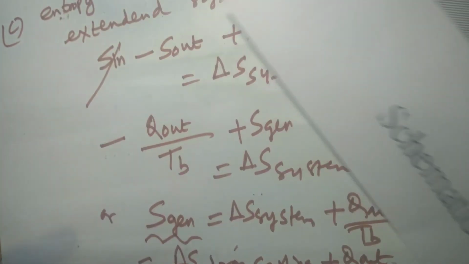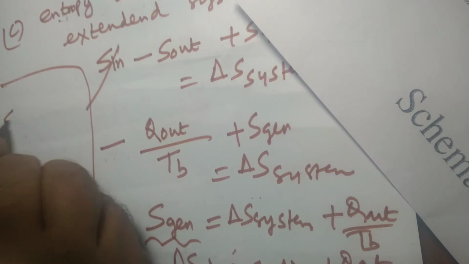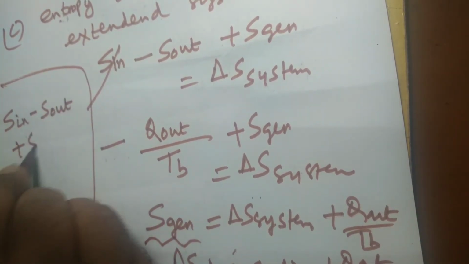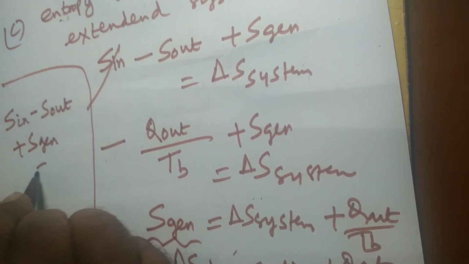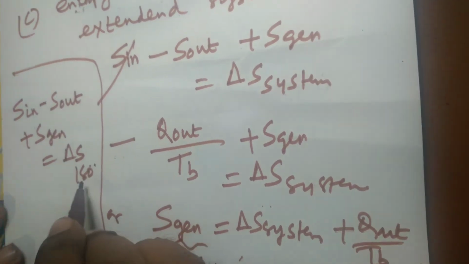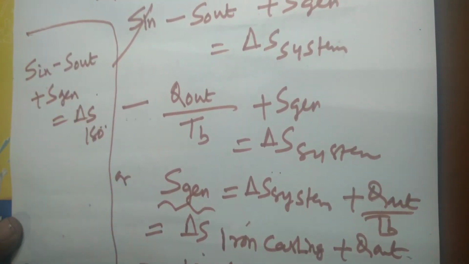In that case, if you apply the entropy balance principle to that isolated system, this is S in minus S out plus S gen, equal to delta S. Suppose this is the isolated or combined system taken by combining the iron block and the whole lake.